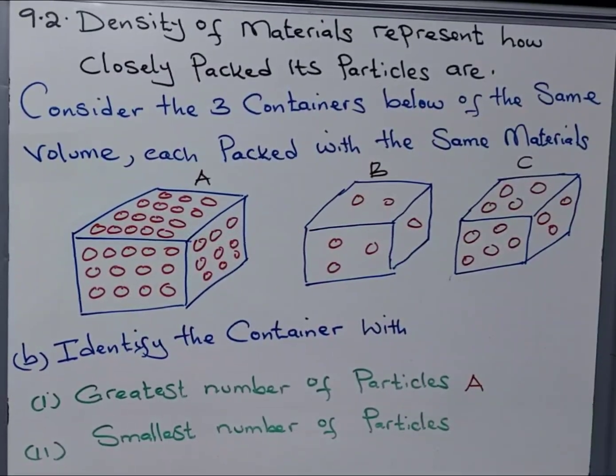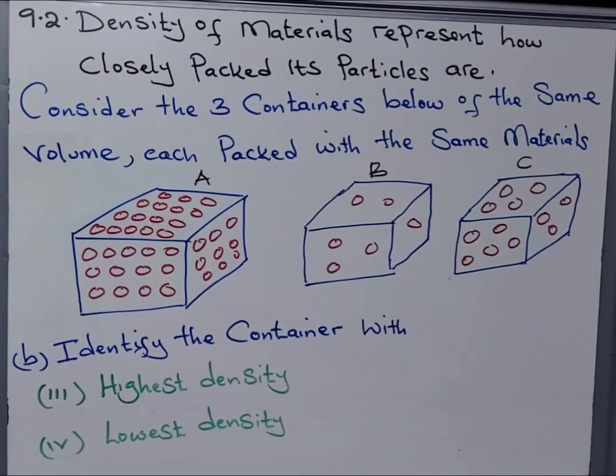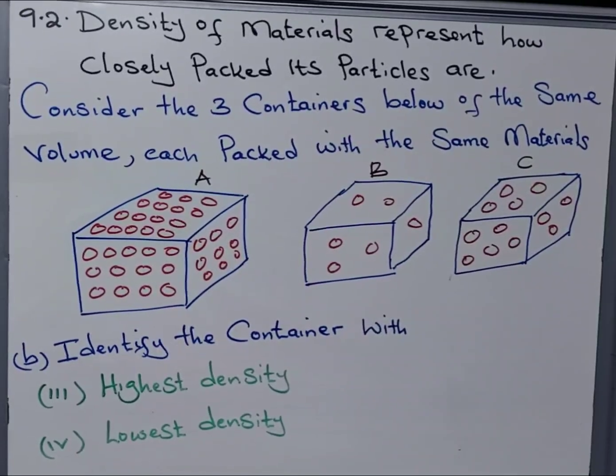Then comes the next question. It says that identify the container with the smallest number of particles. So when you look at the packing, obviously the answer is B. So then comes this question.